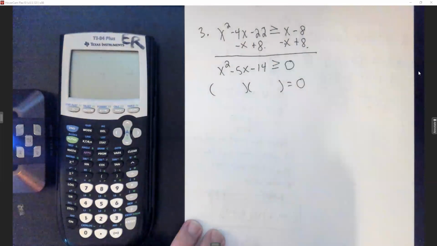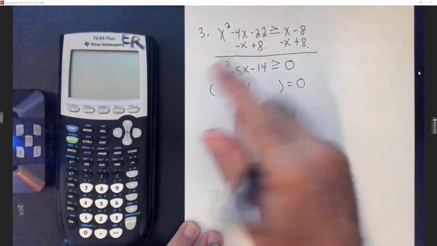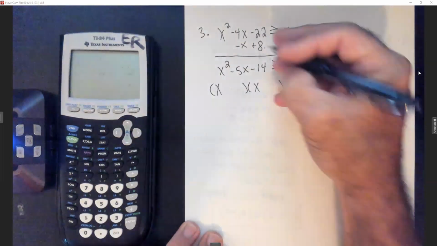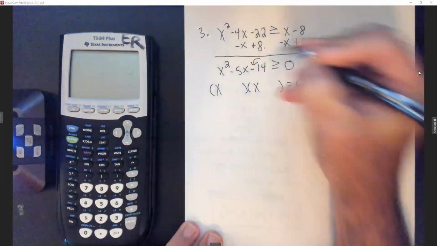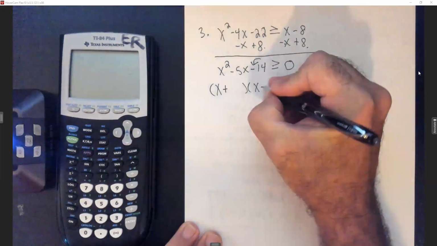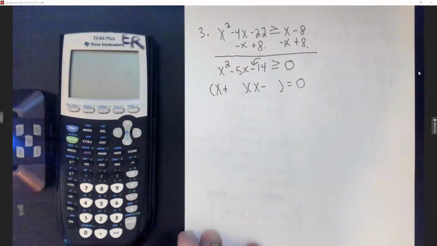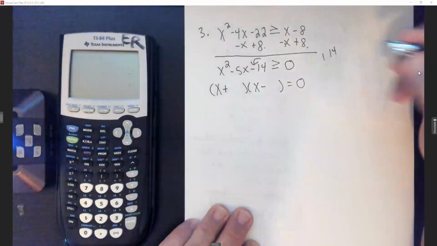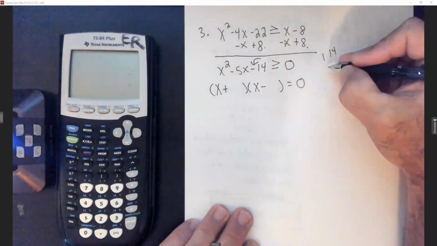All right, y'all, here we go. We got an x squared, which is an x and an x. This 14 is negative this time. Anytime the last sign's negative, one will be positive, one will be negative. All right, so 14 can be 1 times 14. What else? 2 times 7.